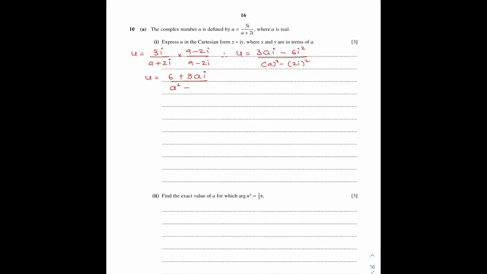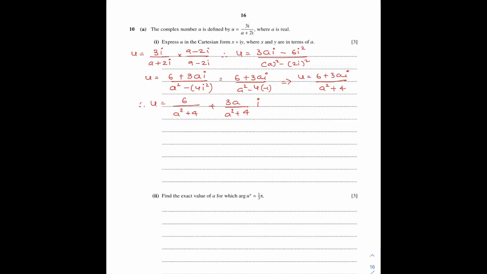So negative 6 times negative 1 is 6, plus 3ai, over a squared minus 4 times negative 1. u is (6 plus 3ai) over (a squared plus 4).